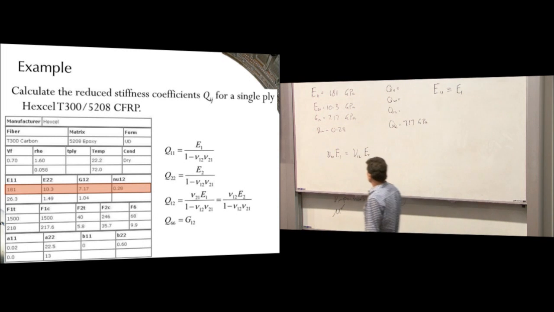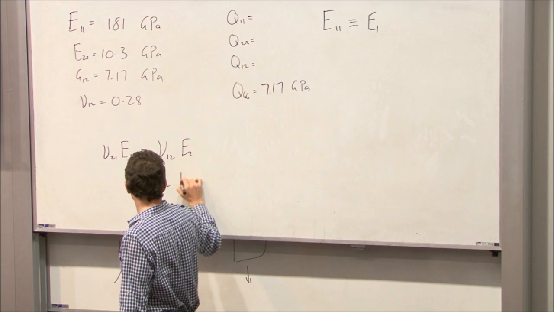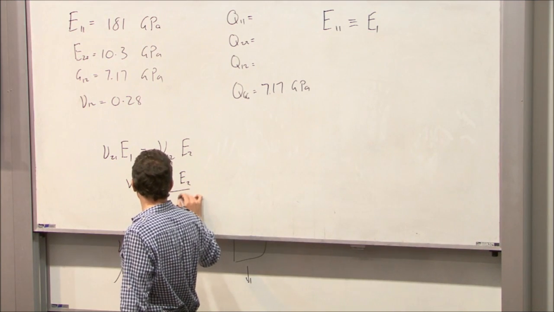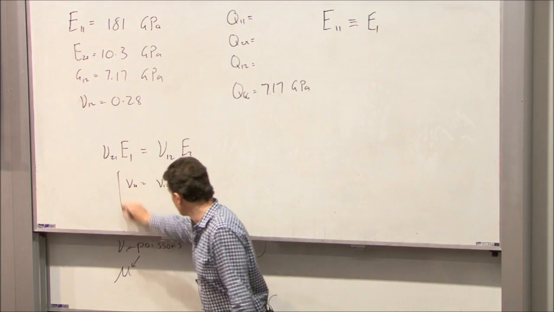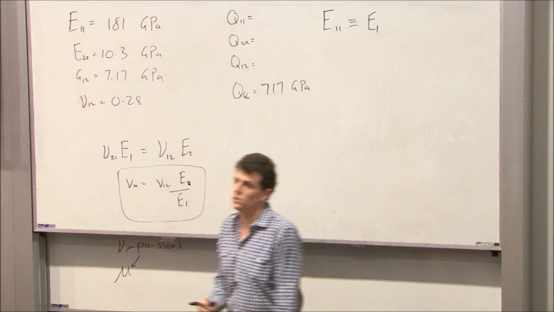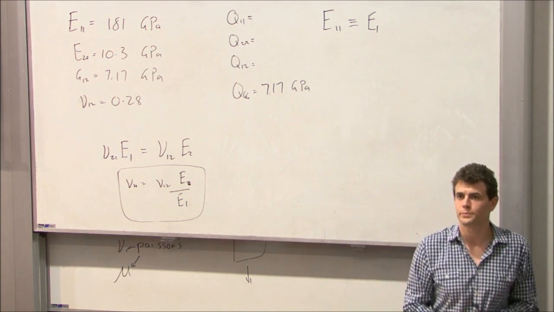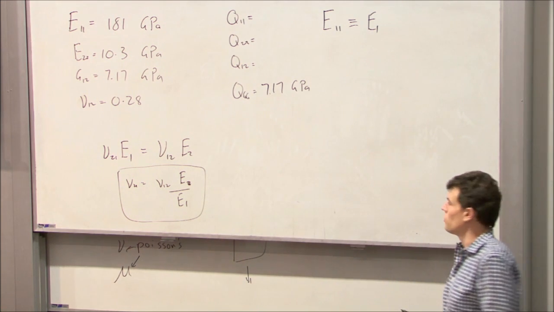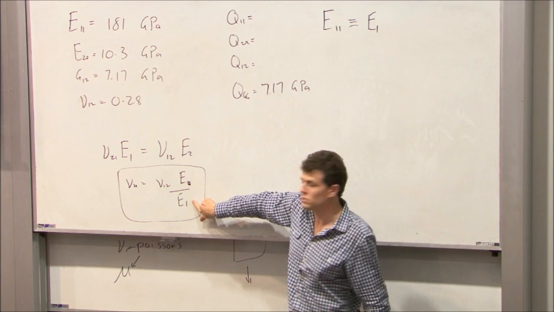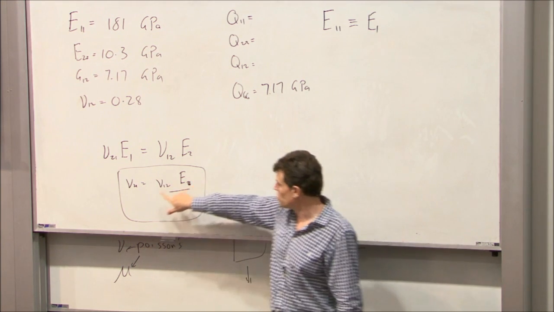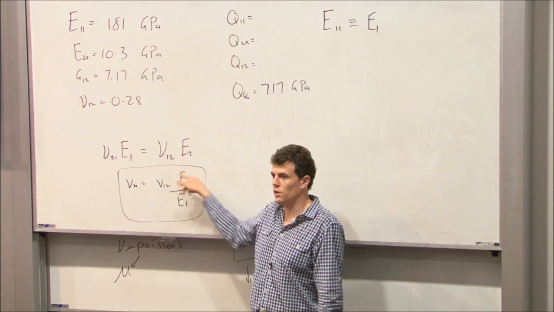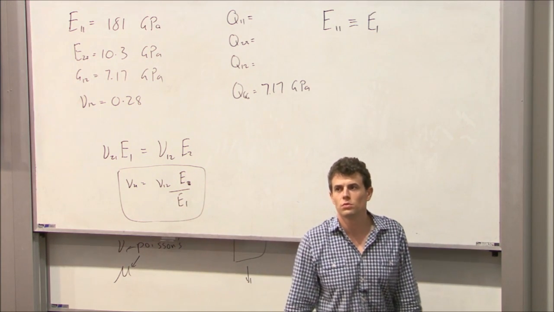Okay, so nu21 equals nu12 E2 over E1. This is the formula that links nu21 and nu12. So this is big and this is small, so nu21 should end up being smaller than nu12.